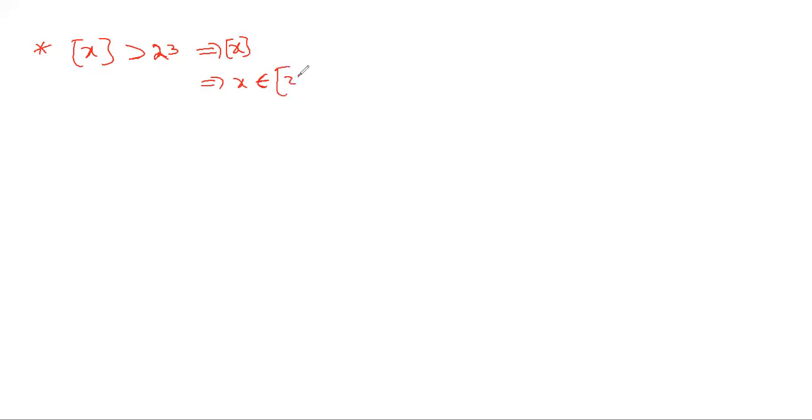Very good. Once you get the grip on the method, you can start writing directly. But even after that, you can write this middle step. That's better. Integral part of x belongs to integers more than 23, meaning 24, 25, and so on. So converting that into an interval is easy.